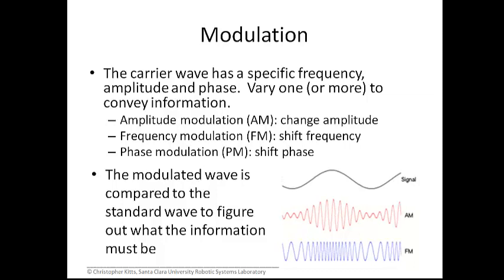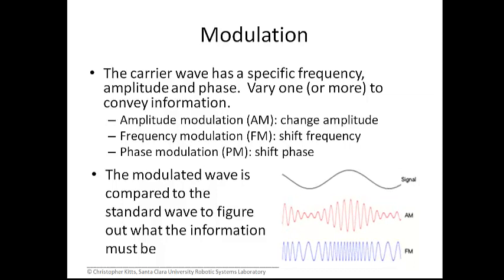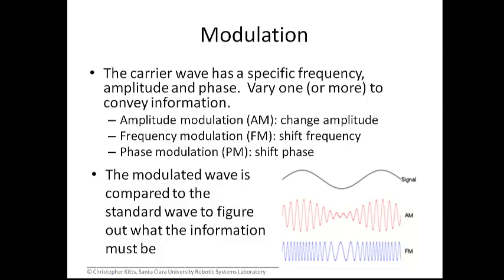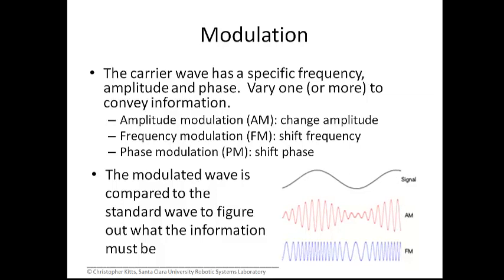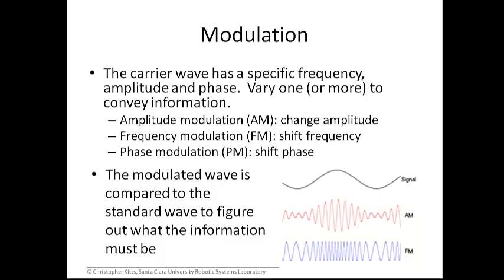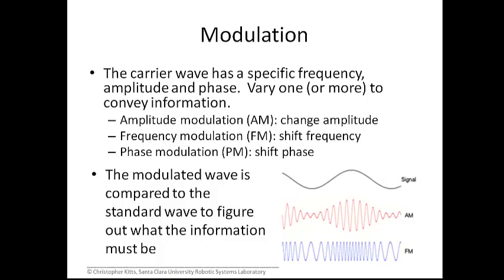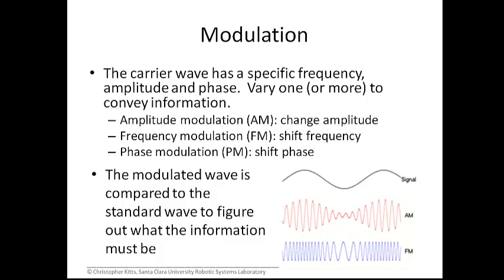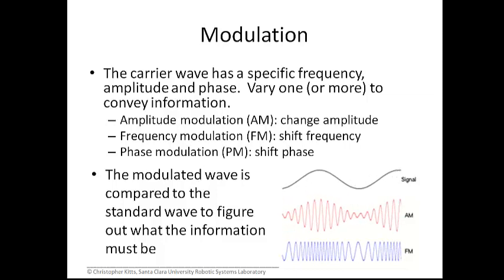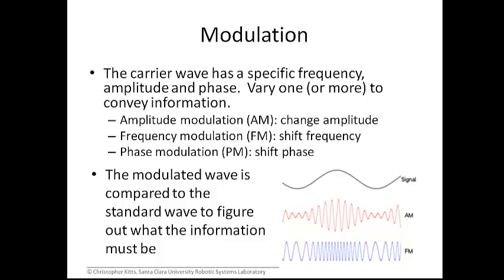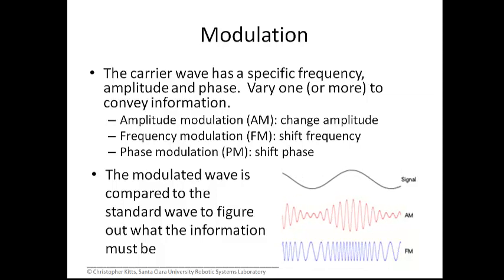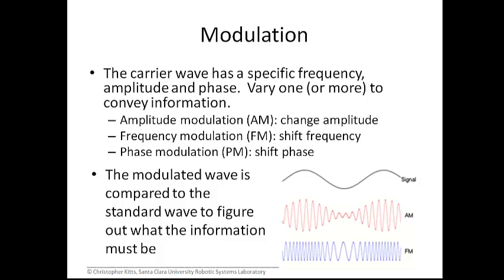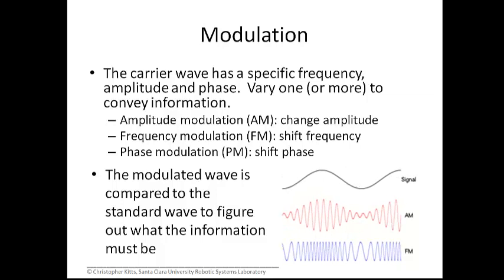So when the amplitude of the signal gets large, the amplitude of our carrier wave gets large. And likewise, in the FM modulated version, when we have a relatively large amplitude of our baseband signal, we have a large frequency for the modulated FM wave. So we are increasing the frequency of the carrier wave when we have a high amplitude baseband signal, and we decrease it when that amplitude goes low.